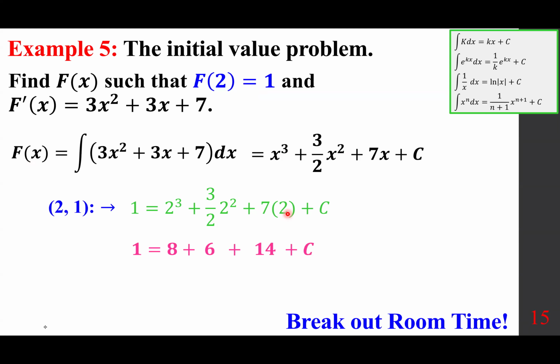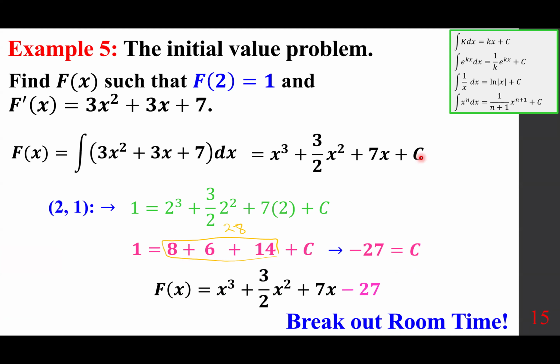And so you have 28 plus c equals 1. C becomes negative 27. Replace it. This is an initial value problem solution.